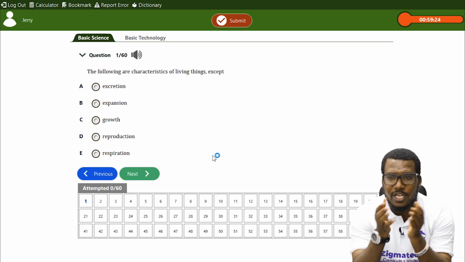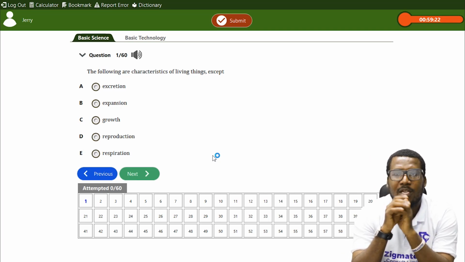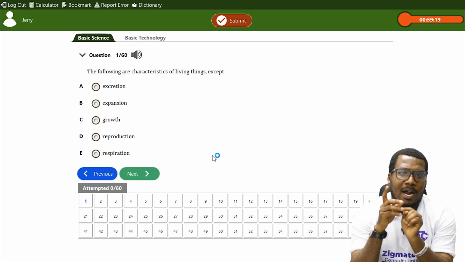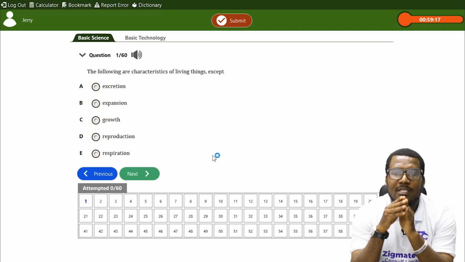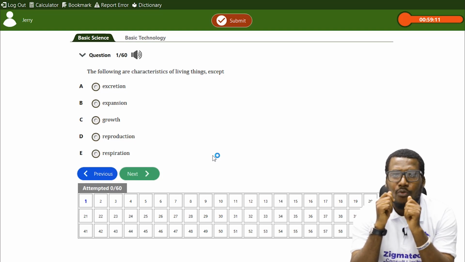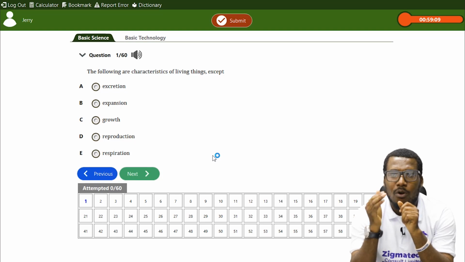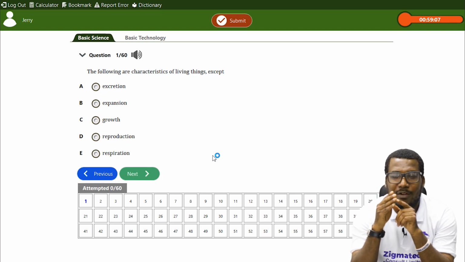Now let's get it right. Mr. Niger: D. So in Mr. we have M and R. The M is movement and respiration. So respiration is carried. In Niger we have nutrition. We have irritability. We have growth. So growth is carried, C is carried. We have excretion, A is carried. And then we have reproduction.